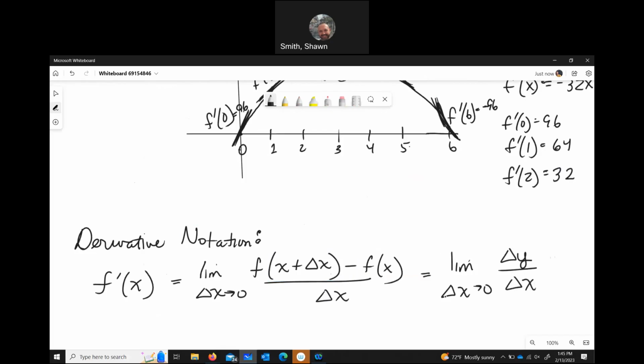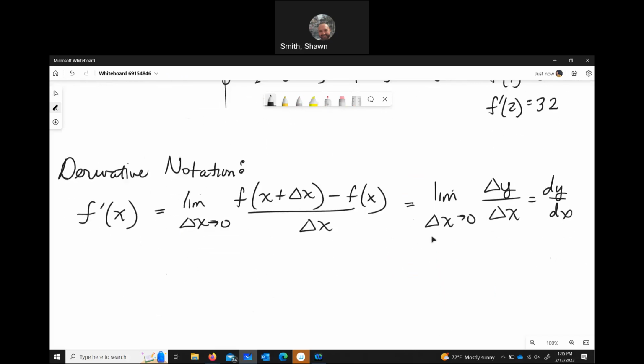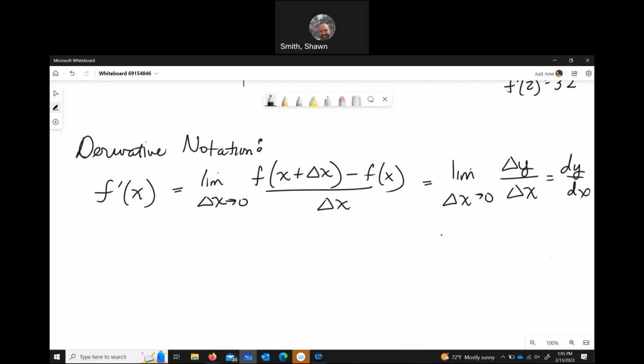Now in calculus, triangles are a pain to draw, so you always want shortcuts. dy over dx. So delta y over delta x, that's the same thing. Just write a d instead of a triangle. So dy over dx is one of the other very useful notations.